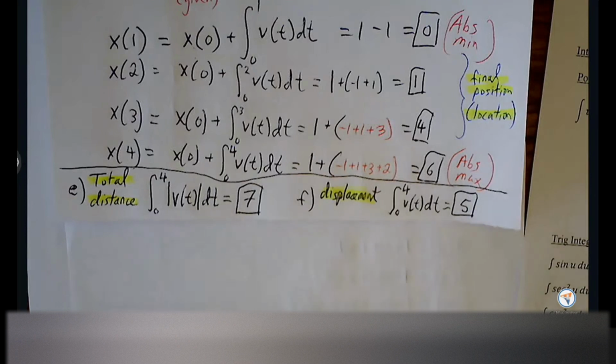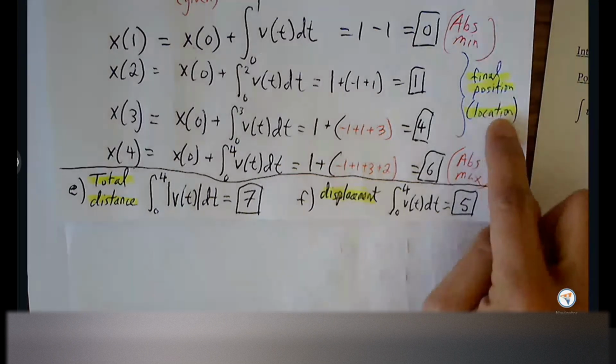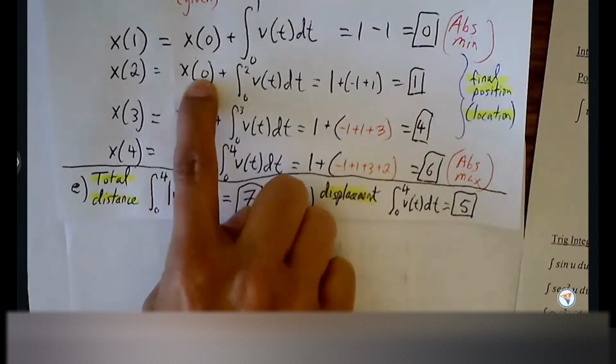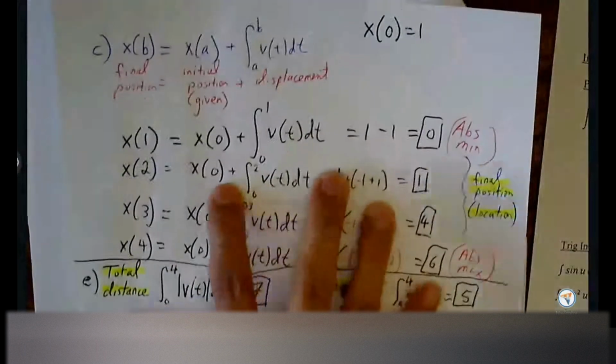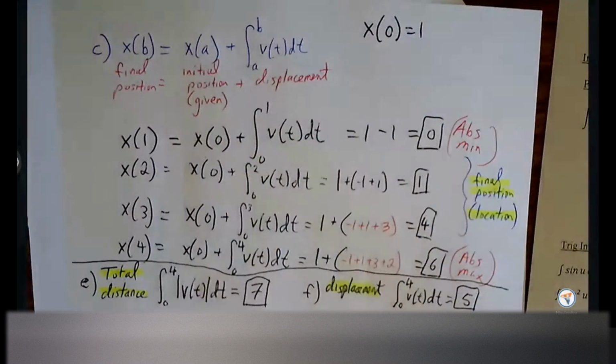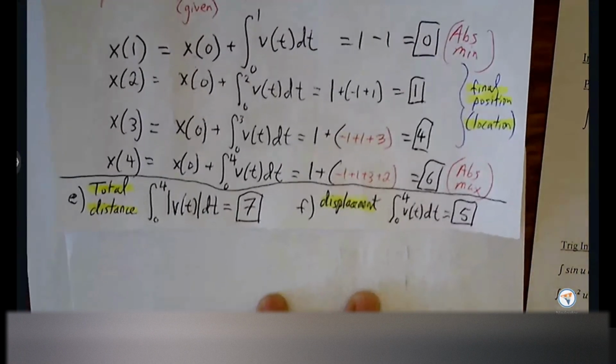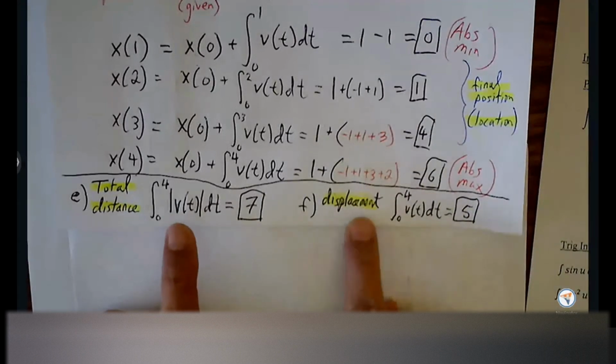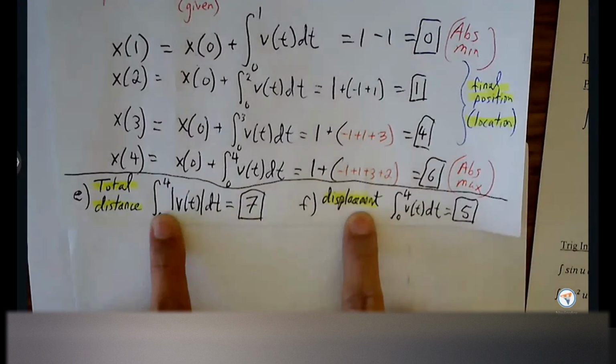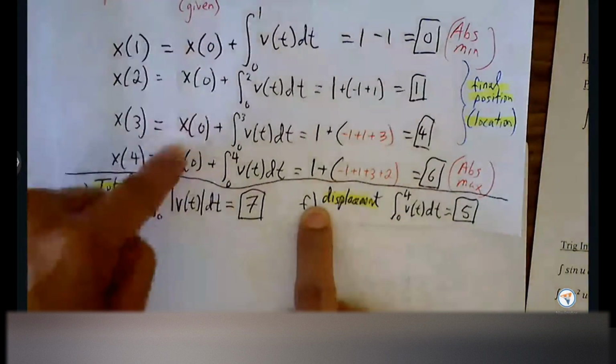Total distance is, okay, I'm looking at my travel, but I'm treating everything as a positive value. But location requires us to anchor with the starting point. We're going to have displacement involved in location, but after we figure out our net gain, we have to be able to know where we're starting from so that we can figure out where we're going to end up physically on the graph or on the number line. And the reason why I want to bring that up is I see a lot of students making mistakes with total distance and displacement because they want to add that initial position, right?